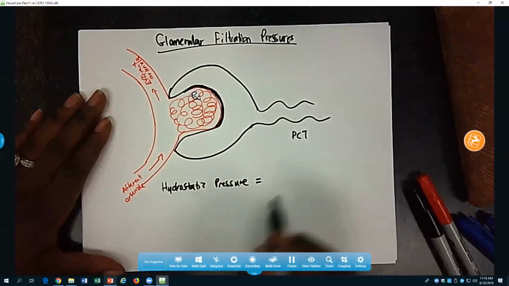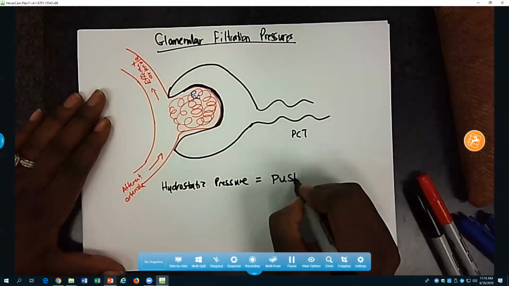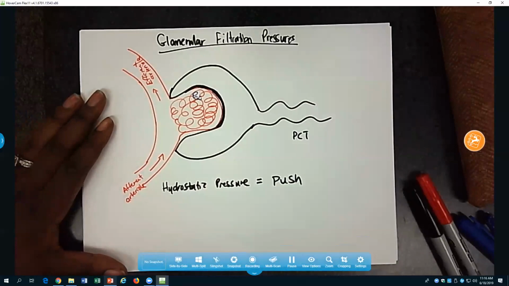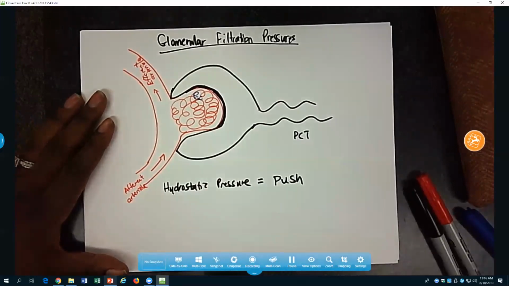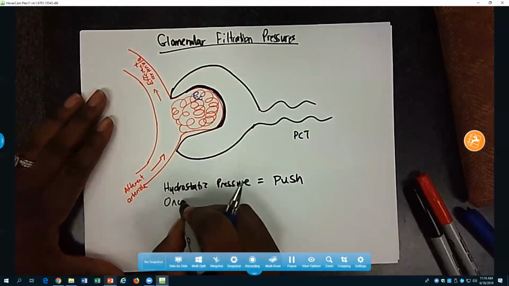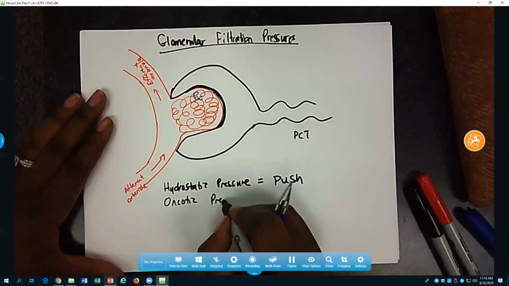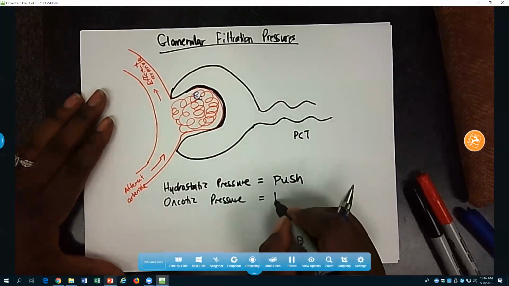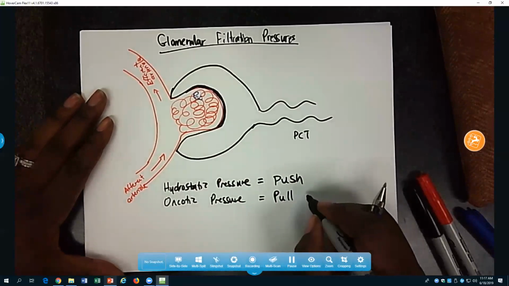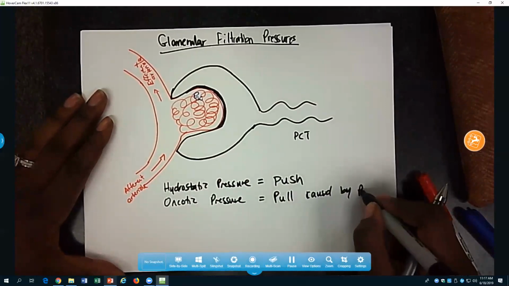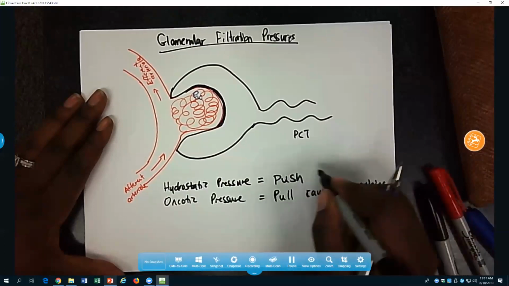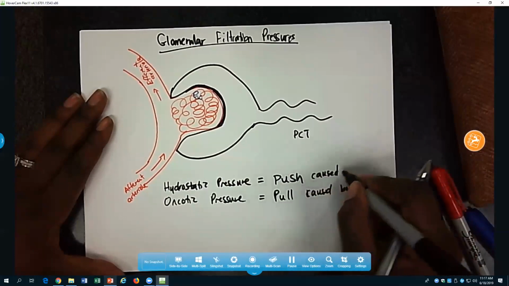Remember, the hydrostatic pressure is a push, and the oncotic pressure is a pull, which is caused by proteins. This push is caused by the fluid.